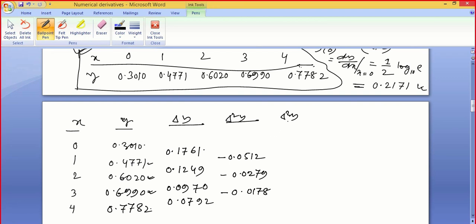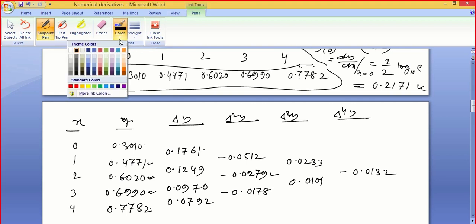Third difference: subtract this one from this, it will be 0.0233. And in this position, subtract this one from this, this will be 0.0101. Fourth difference: subtract this one from this, it will be minus 0.0132.